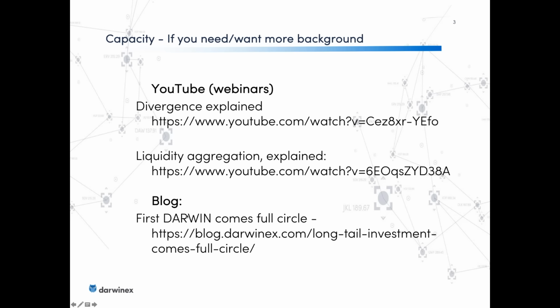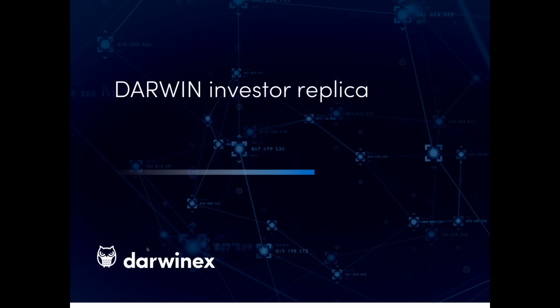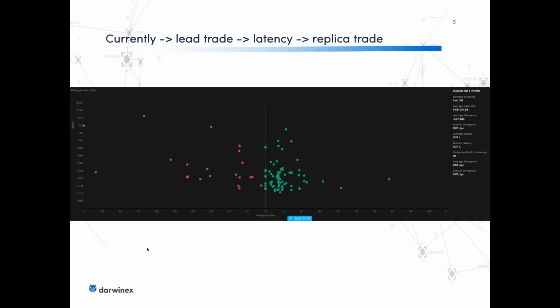And also to give you some context, the blog post that we wrote when the first Darwin THA was first paused for new investment. I encourage you to make a note of those, because I think whatever you see here and whatever you see there will probably make more sense once you've understood today's discussion. So without further ado, let's get going with the Darwin investor replica process.